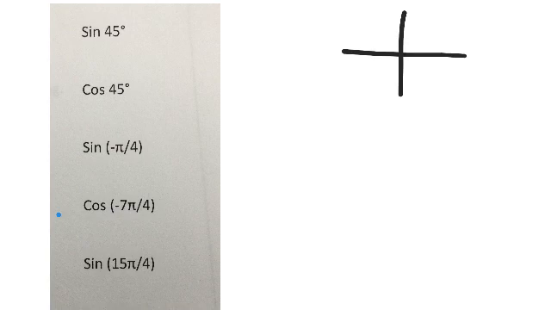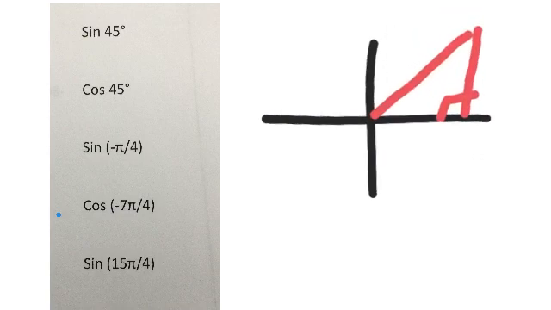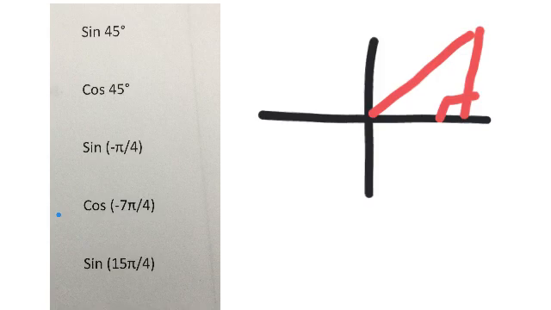So I'm going to draw my right triangle there. Okay, so if I rotated 45 degrees from here to here, then I know that the interior angle is 45 degrees. Is everybody with me? Because that was my rotation.